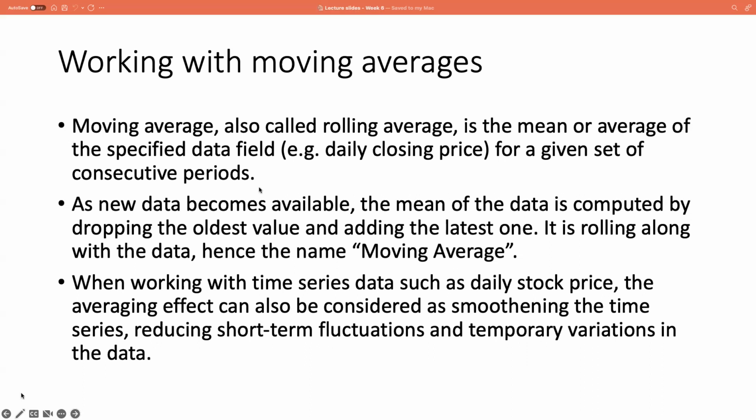So as new data becomes available, the mean is calculated by dropping the oldest values and adding the latest ones. So think of it as a fixed window, and this is the direction of time. As new data comes in, we shift the window here, so our window becomes here.